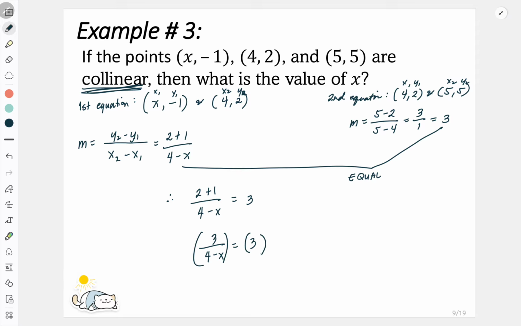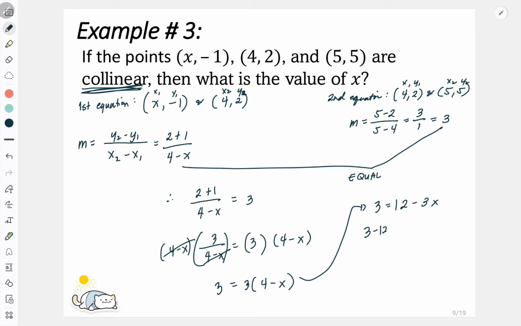We just multiply both sides by 4 minus x, so 4 minus x cancels. So 3 equals 3 times 4 minus x. Simplifying, we'll have 3 equals 12 minus 3x, or negative 3 minus 12 equals negative 3x. So that's negative 9 equals negative 3x. Divide both sides by negative 3. So therefore, we have x equals 3.